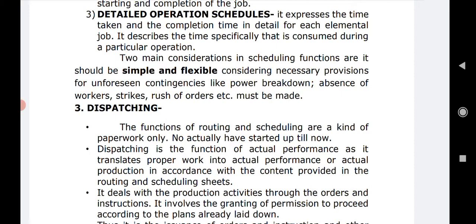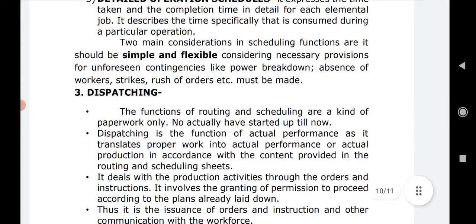Two main considerations in scheduling functions are that it should be simple and flexible, and necessary provisions for unforeseen contingencies like power breakdowns, absence of workers, strikes, rush of orders, etc. must be made, right? So two main things are to be taken up: it should be simple and it should be flexible.